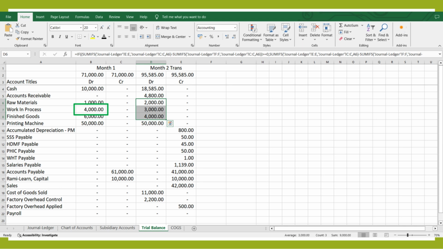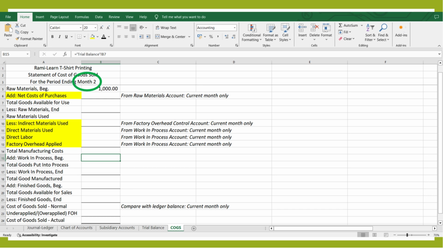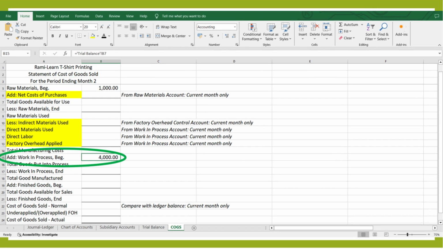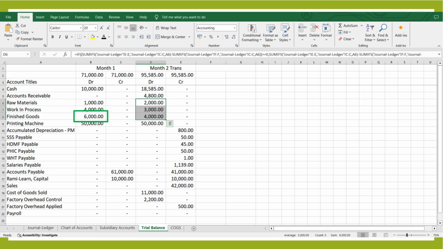Work in process beginning 4,000. Finished goods 6,000 pesos.